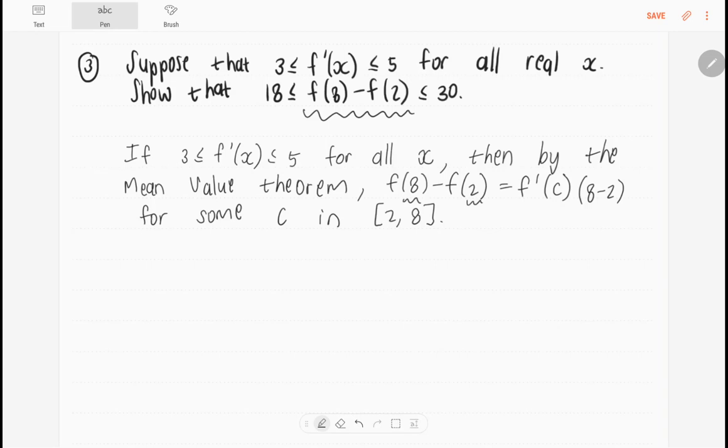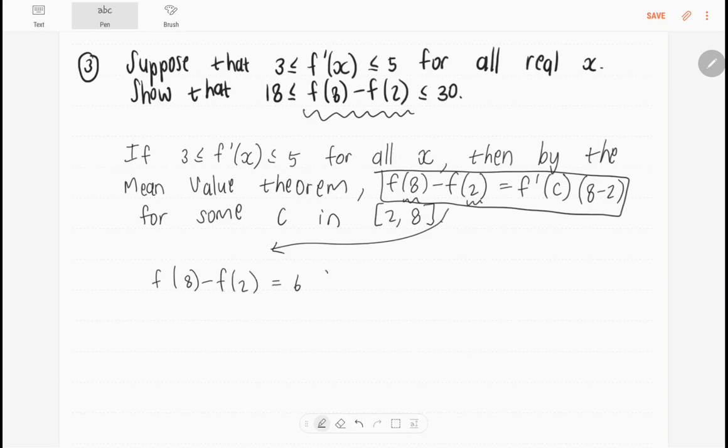Now, this, I'm just going to write here. So I have f of 8 minus f of 2 equals 6 times the derivative of f at c. I also have 3 is less than or equal to f's derivative at c, since c is just some value in the interval that we're working on, which is less than or equal to 5.